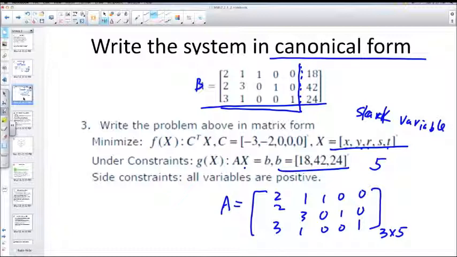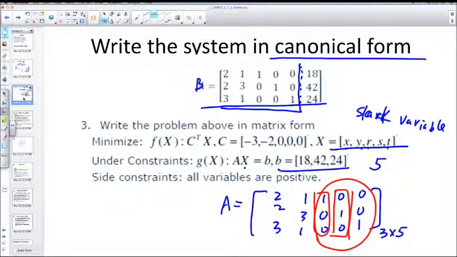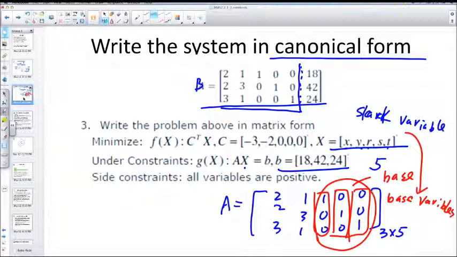And look at this block. That's like the identity. And each variable, like this one, and this one, and this one, looks like a base of coordinates. So at this moment, we call them base variables. And those slack variables in the beginning are the base variables. And so in step 3, we write it down into a standard form.